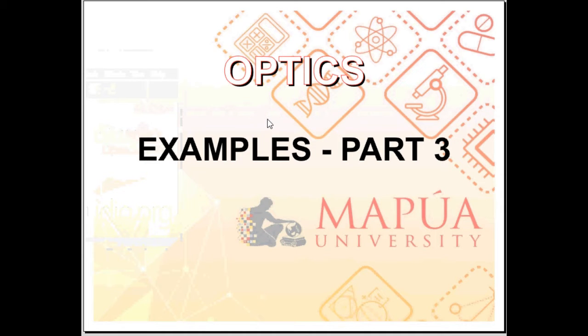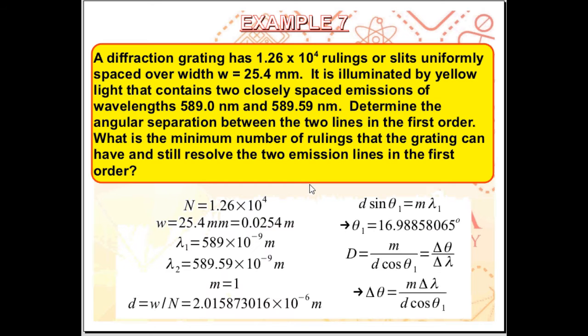And now we move on to the last part of our discussion on optics, examples part 3. So consider the following example, example 7. You have a diffraction grating which has 1.26 times 10 to the 4 power rulings or slits that are uniformly spaced over W equal to 25.4 millimeters.